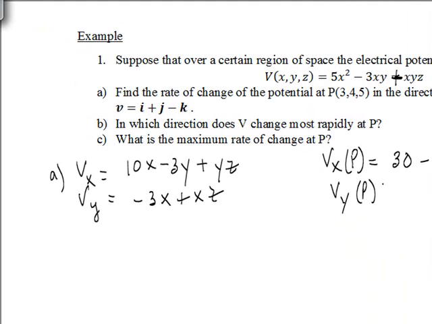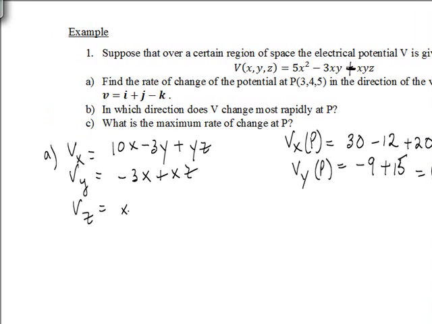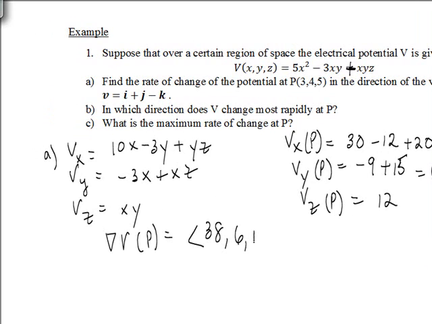At the point P, that equals minus 9 plus 15, which is 6. With respect to z, it's simply xy. At the point P, it is 12. So therefore, the gradient of V at P is the vector <38, 6, 12>.